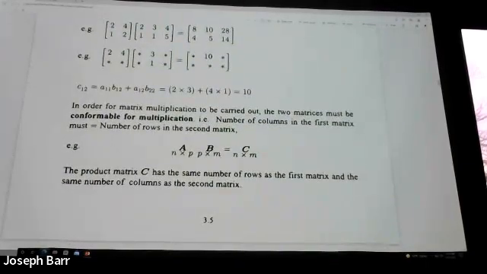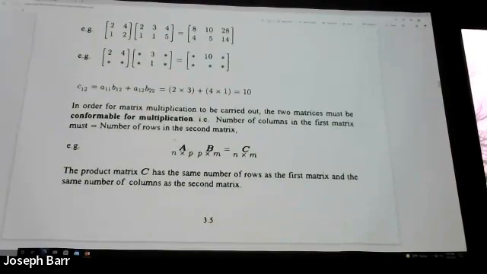And we have a rule called conformable for multiplication. So if you want to do multiplication, you have to make sure these two numbers are exactly the same. So the order for A is N by P. The order for B is P by M. So you have to make sure the P here, the number of columns of the first matrix, is the same as the number of rows of the second matrix.